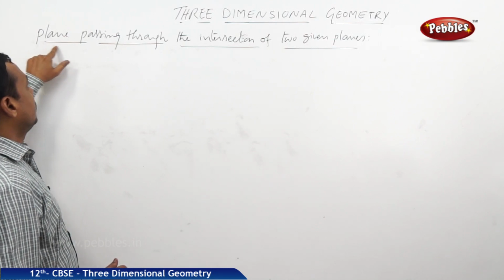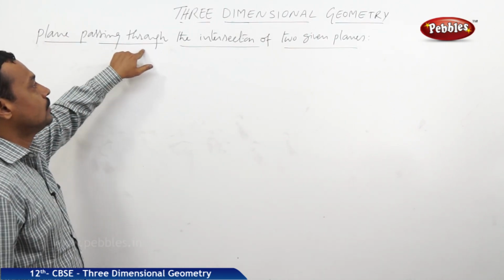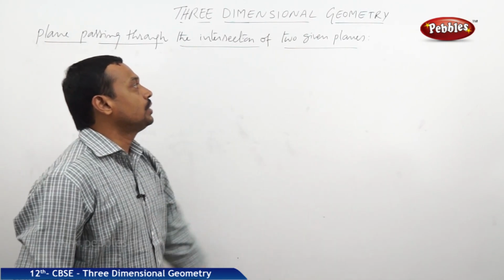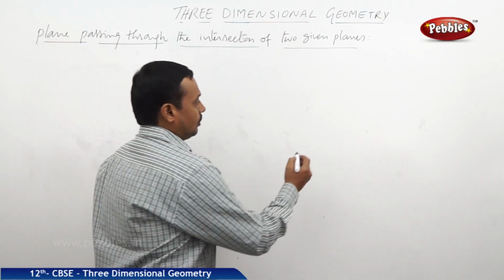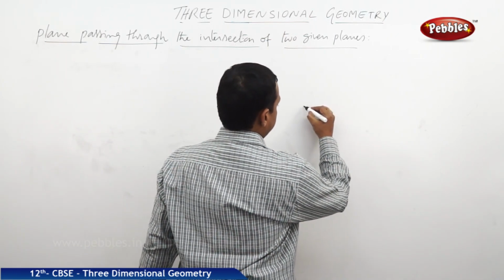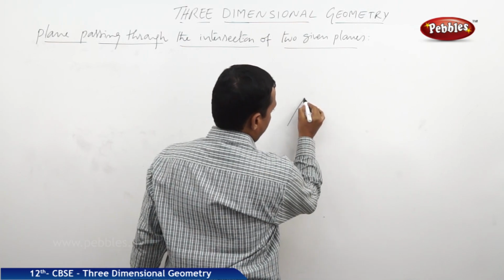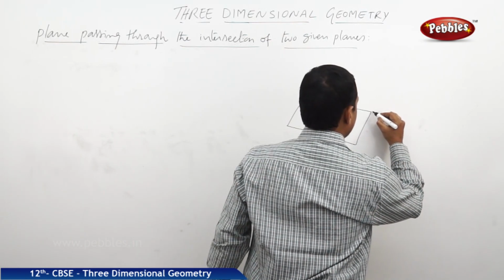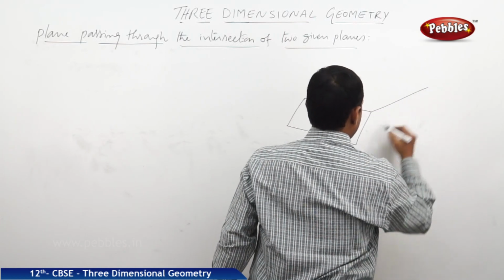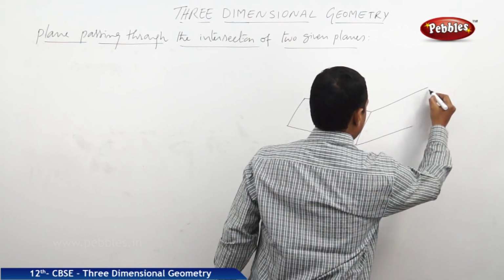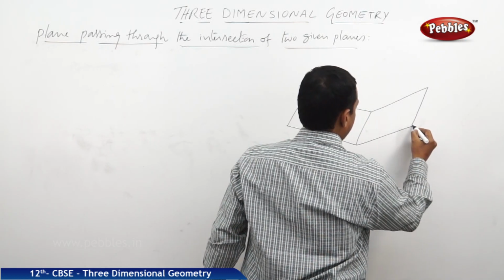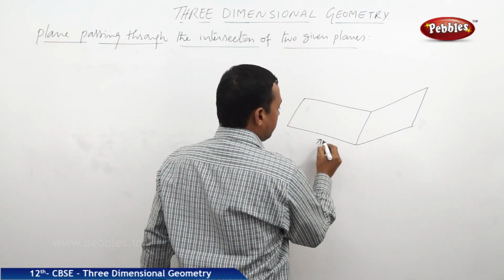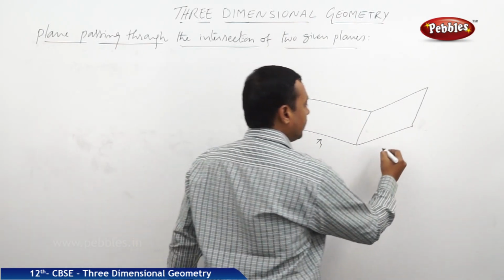Next concept, plane passing through the intersection of two given planes. Now, let us take two planes. This is one plane denoted by pi 1.